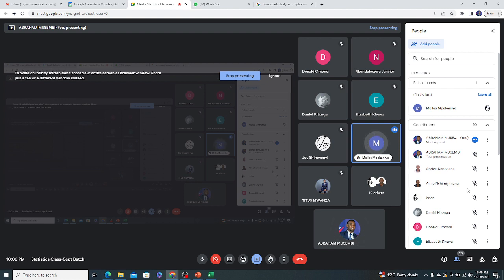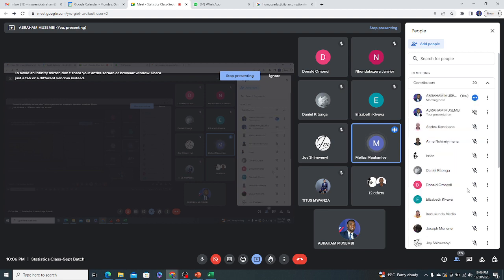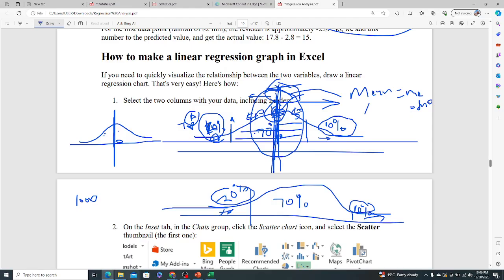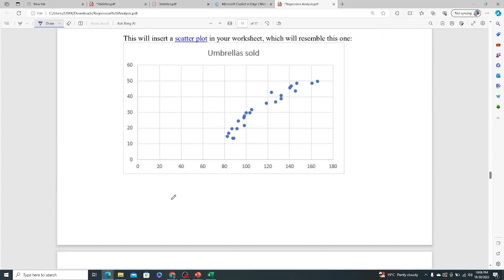My first question: what would be the actions when there is no linear relationship between two variables? Are there any transformations that we can do on our data in order to make them linear so that we can deal with our linear regression model? Yes, you can use log.